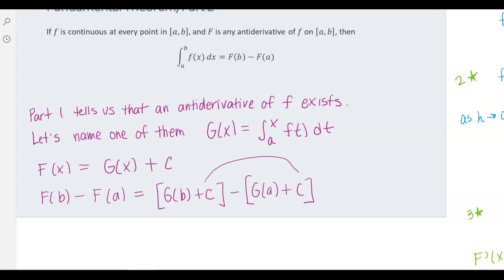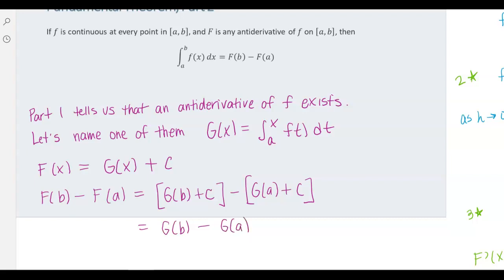These two constants are going to cancel each other out. So then we're just going to have G of b minus G of a.